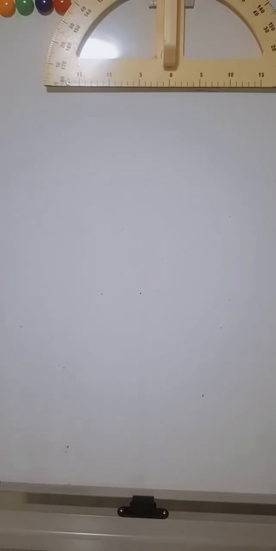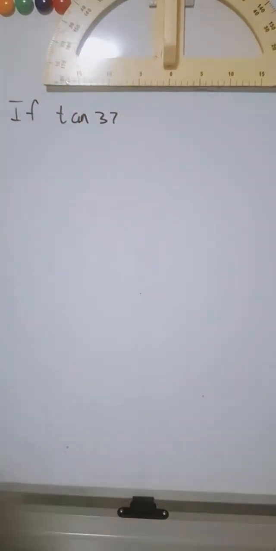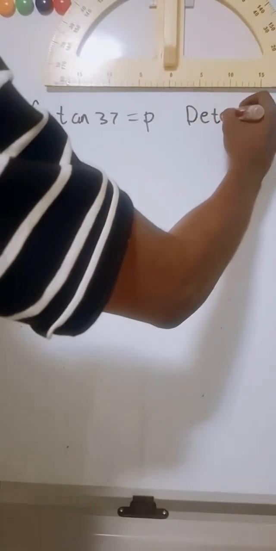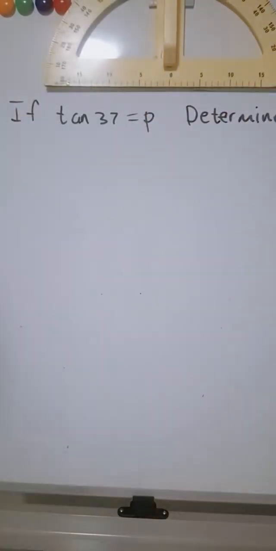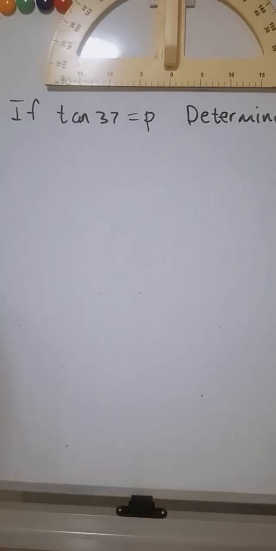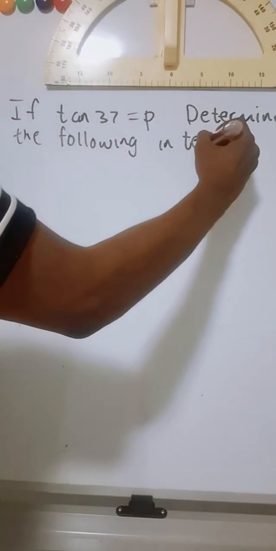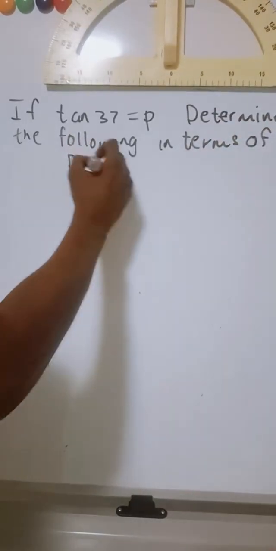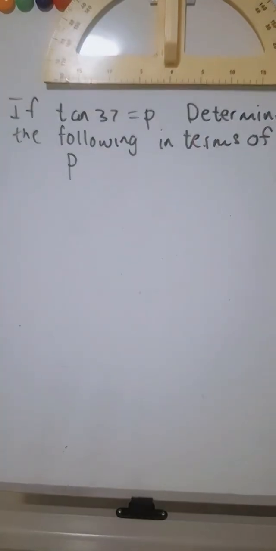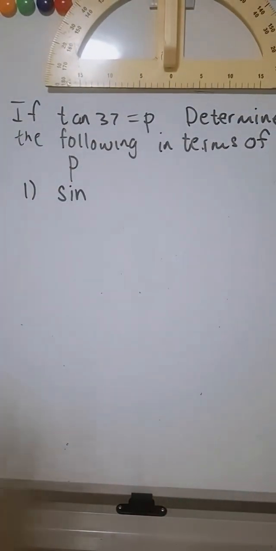Okay, here's one that is always coming. If tan 37 is equal to P, determine the following in terms of P. So we want to determine psi of 127.